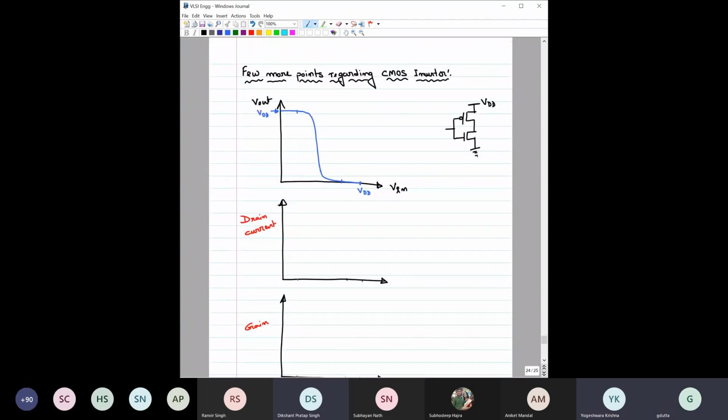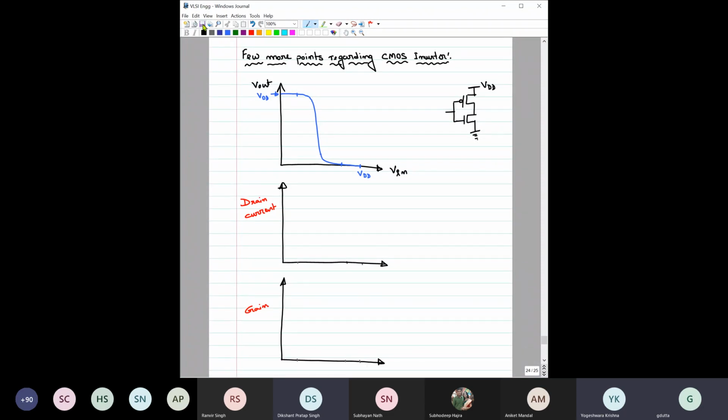Okay, now a few more points regarding this CMOS inverter, which are quite important. First thing, this is the CMOS inverter, right? Here is this V in and here is the V out, and we have a couple of times plotted this V out versus V in, which is also called the VTC, voltage transfer characteristics, right? And it looks something like this.